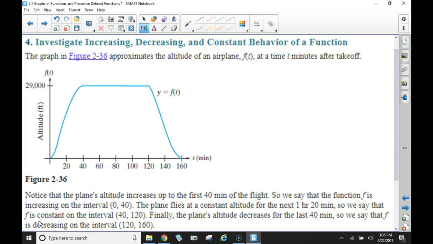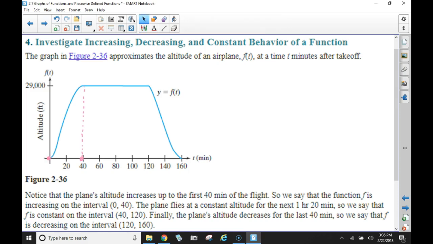Okay, this graph here represents the altitude of an airplane at time t, which is in minutes after takeoff. And so what we want to know is that in between 0 minutes up to, I guess that's supposed to go down to 40.